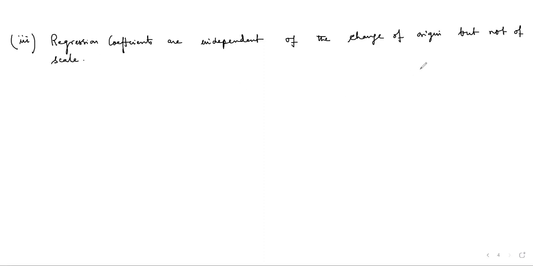Change of origin and scale means you are going to introduce a new variable u and a new variable v in the following manner. The variable x is getting changed to u, and here you are writing y minus b by k, which means your original variable y is getting changed to v.